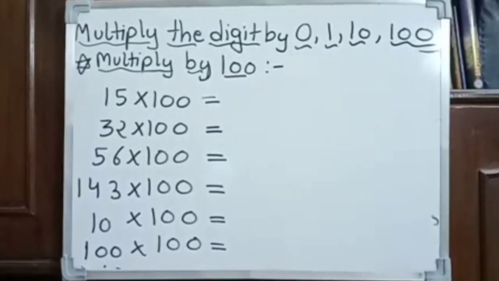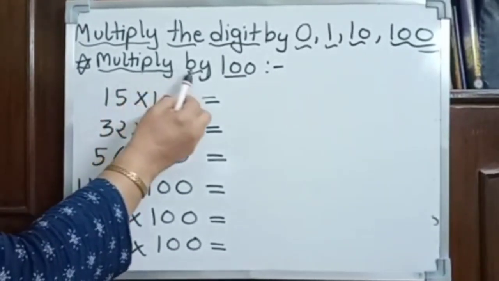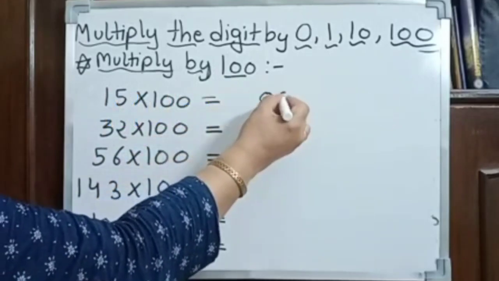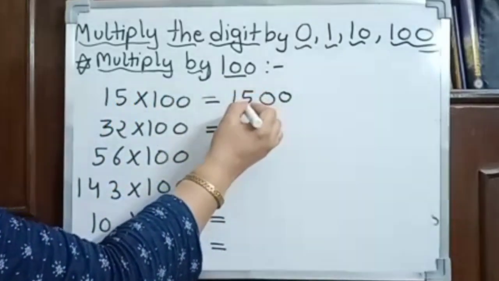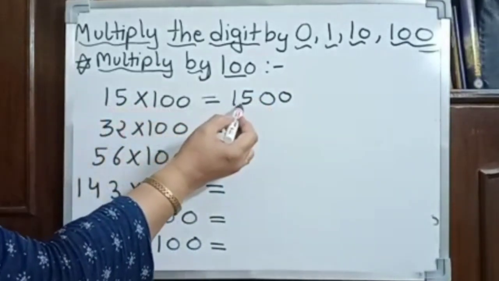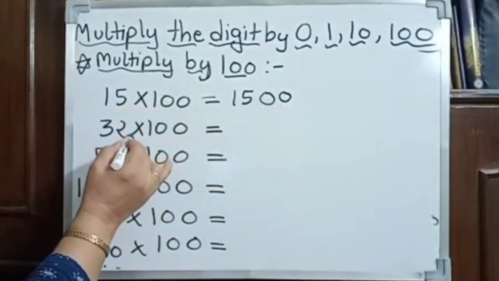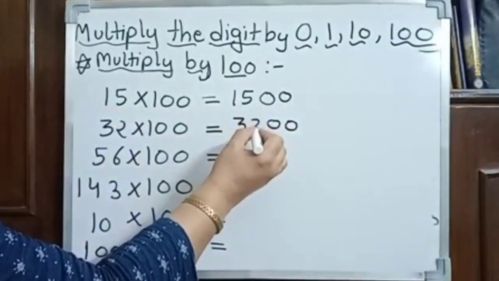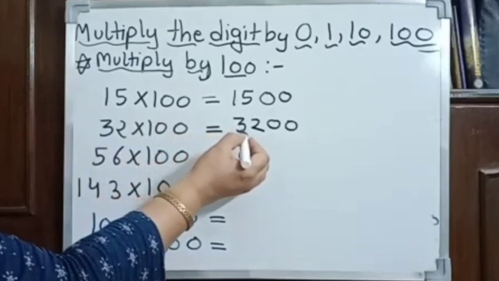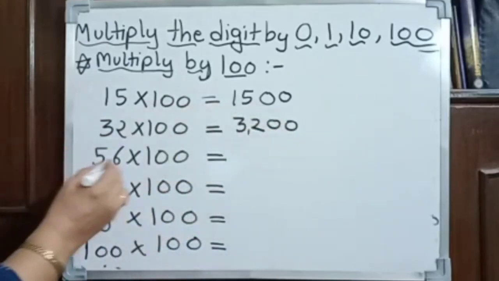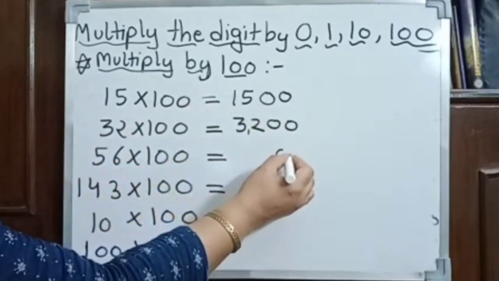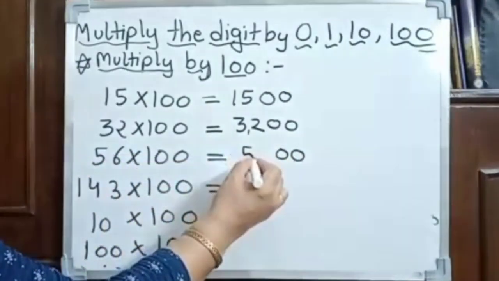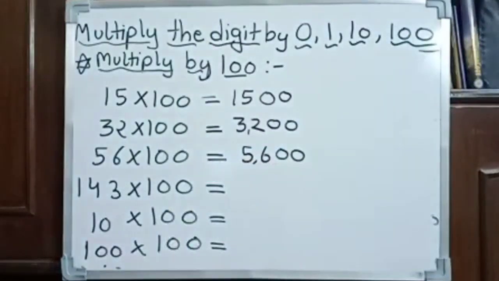Now look at here. The same pattern is with multiply by 100. Means 2 digits you shift here and the number will be the same. 15 into 100, 1500. Again 32 multiplied by 100, 2 zeros here, 32, 3200. 56 multiplied by 100, 2 zeros here, 56, 5600.